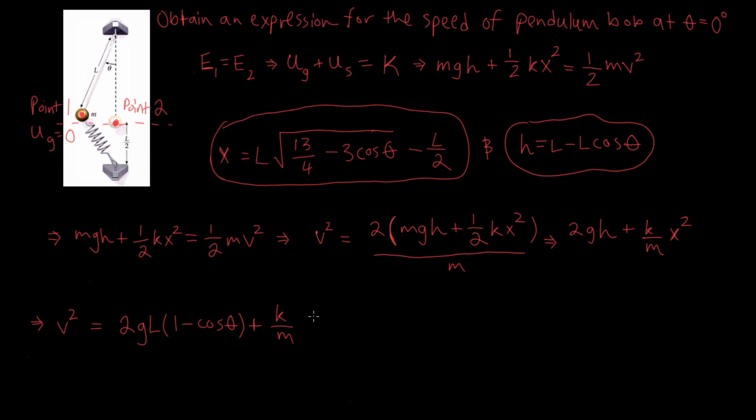And then at the end we would have to square the entire expression for x. So factoring out the variable L, we get the following. And then L factored from L divided by 2, we would get minus 1/2. And remember that this entire expression is squared.